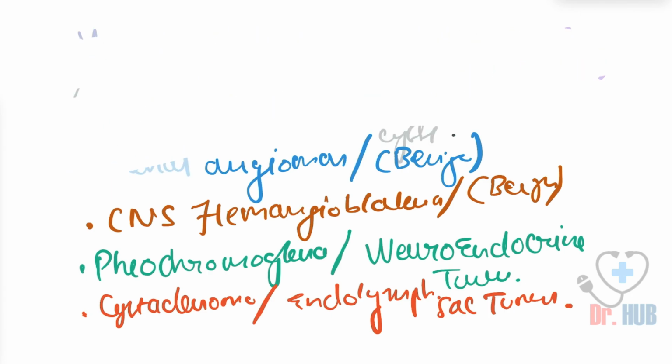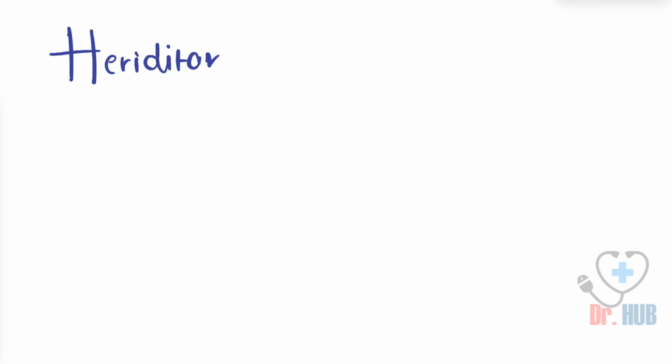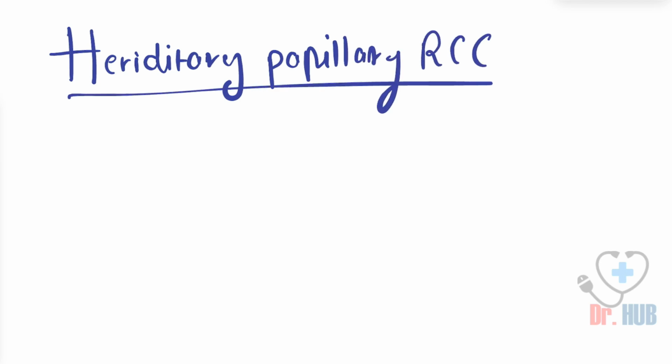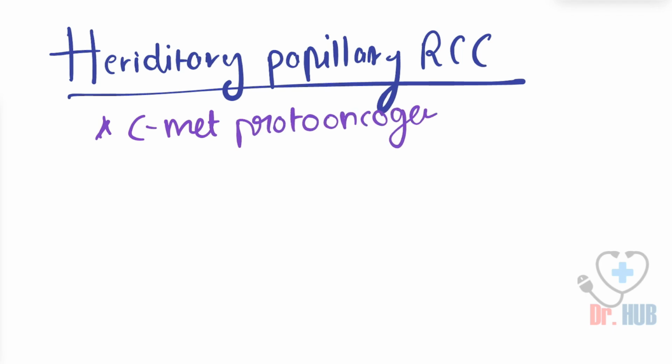Now moving ahead, we look at the hereditary papillary renal cell carcinoma. So under this, the mutation lies in the c-MET proto-oncogene, and this is nothing but 7p31.